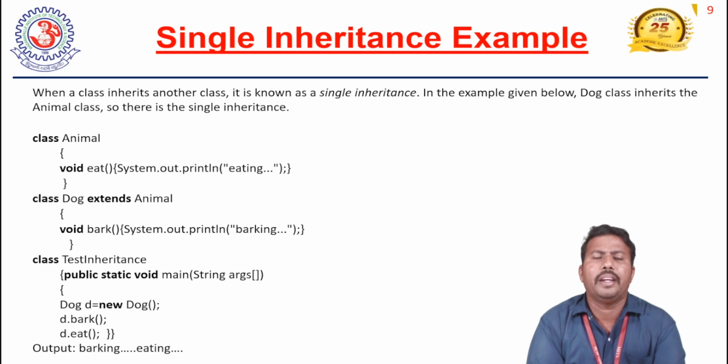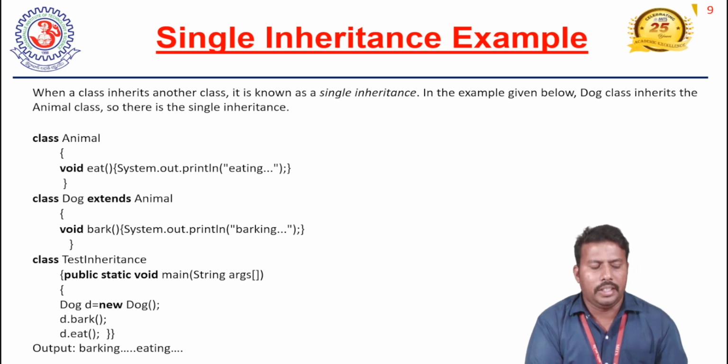This can be removed by a new concept called interfaces. The remaining categories can be implemented in Java: single, multi-level, hybrid, and hierarchical inheritance.